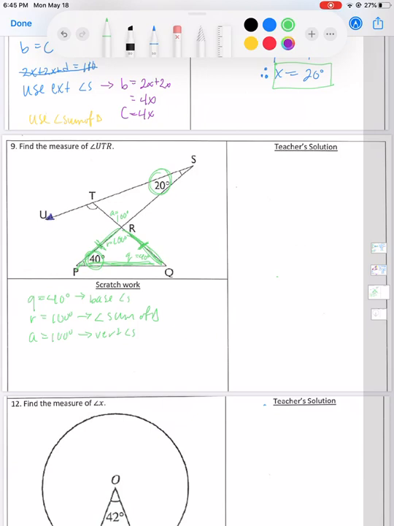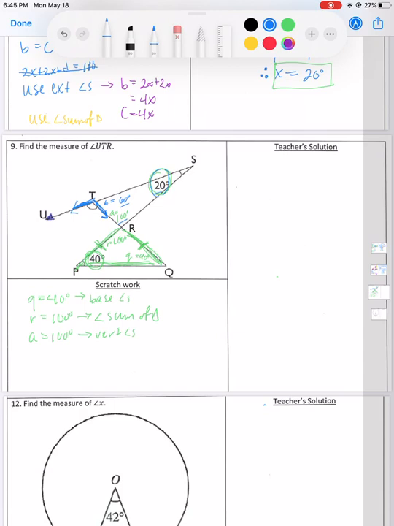So we'll mark that in blue. And you find this angle UTR. Okay, that's my blue angle here. Now I have A is 100 degrees. And with the 20 degrees here, we can find this one. Let's do little t. Little t is going to be equal to 60 degrees because that's 100 plus 20 is 120, and 180 minus that is 60.